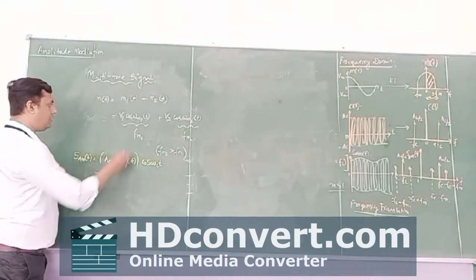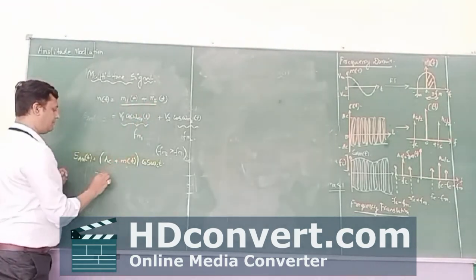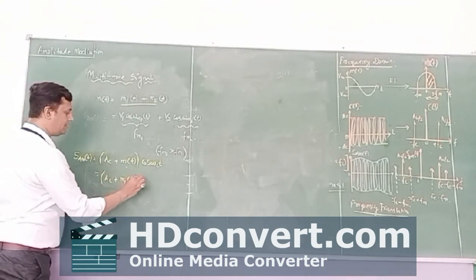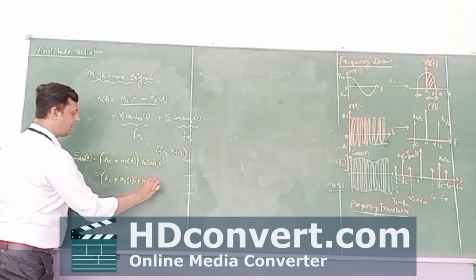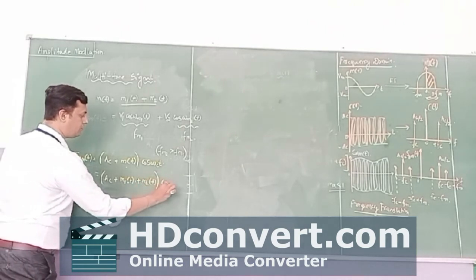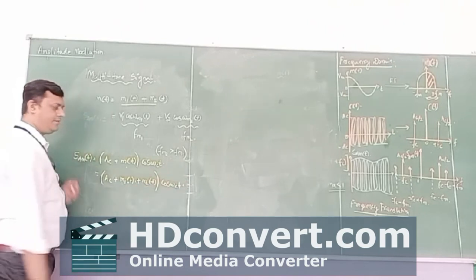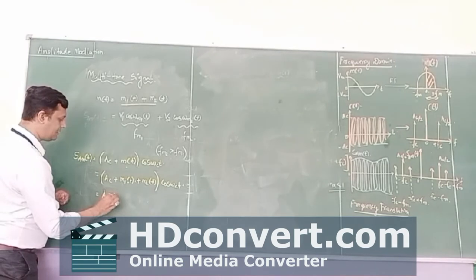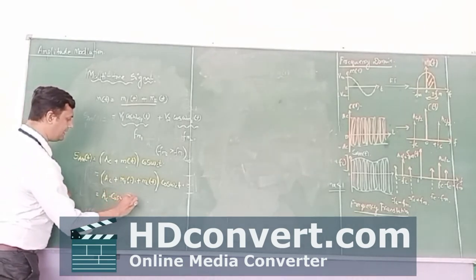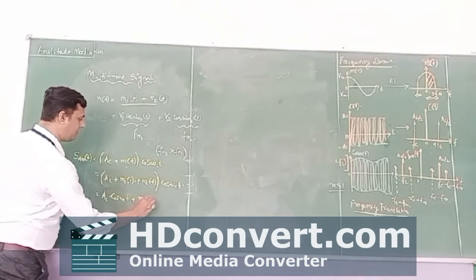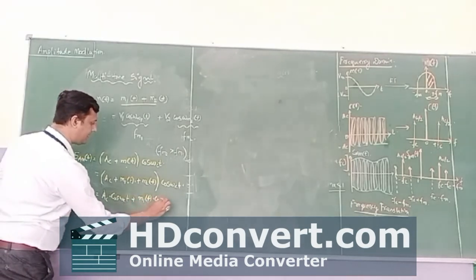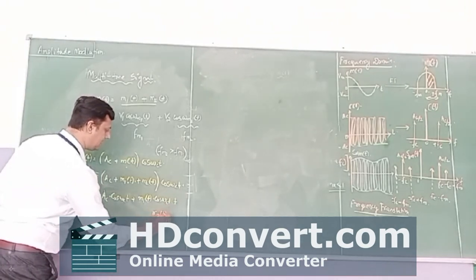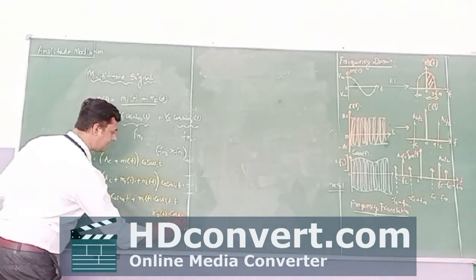Now you have to substitute this value here. So it is Ac plus m1 of t plus m2 of t, whole into cos omega c. Then expand this. We will get Ac into cos omega ct plus m1 of t cos omega ct plus m2 of t cos omega ct.